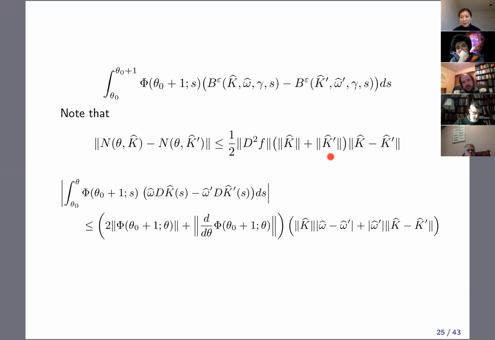And the second term can be controlled by the C0 Lipschitz assumption on the calligraphic P. And the last term is over here, and it can be controlled by integration by parts. And recall that this can be controlled by beta 0, and the absolute value of omega hat prime can be controlled by A.